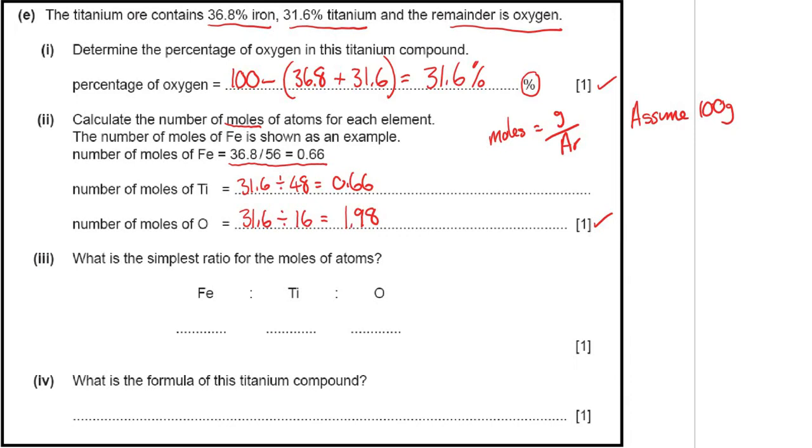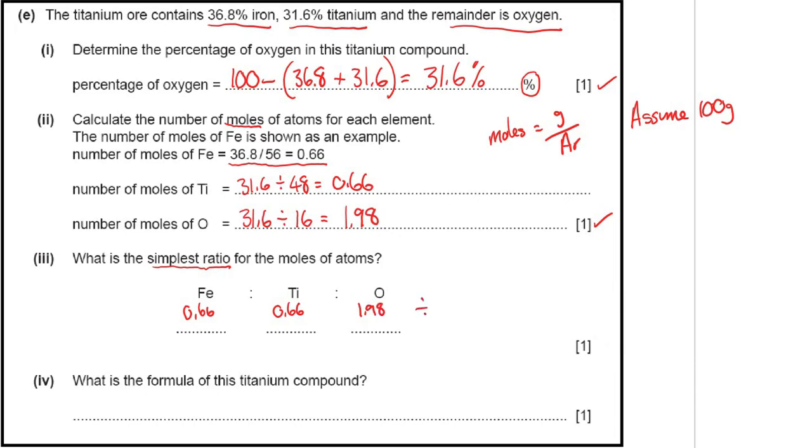Now, the next question is, what is the simplest ratio for the moles of atoms? So this is our empirical formula, the simplest whole number ratio. So we've got 0.66 moles of iron, 0.66 moles of titanium, and 1.98 moles of oxygen.